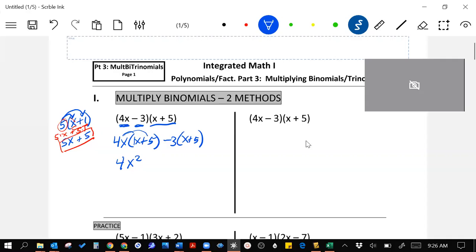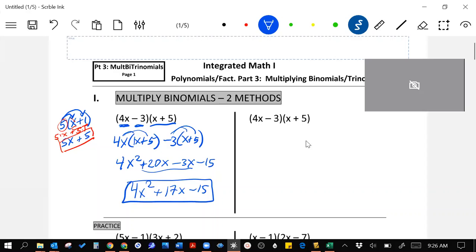Then we multiply it to the 5. So 4 times 5 is 20, and there's x times no x at all, so it's just x times 1. Then we do it to this one, negative 3 times x, and negative 3 times 5. And then you put together these like terms. So we get 4x squared plus 17x minus 15.